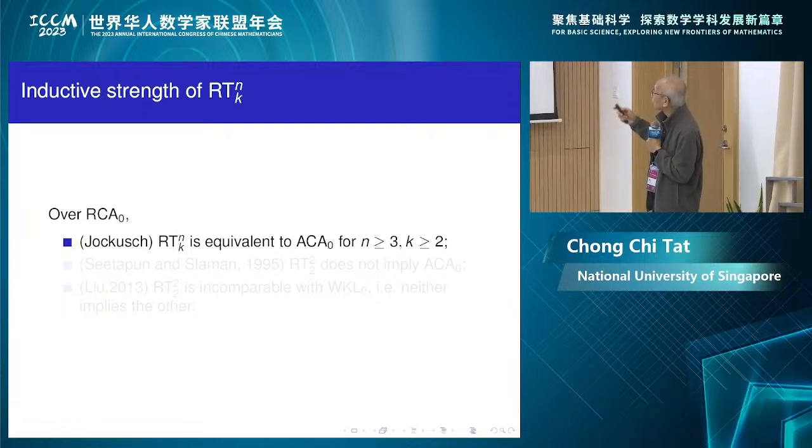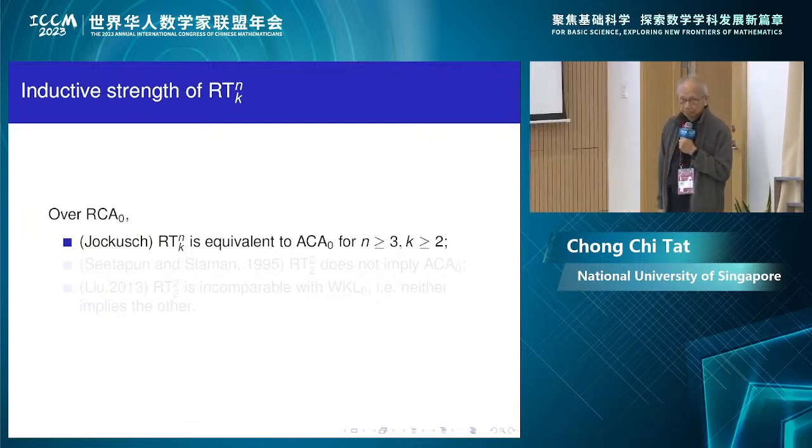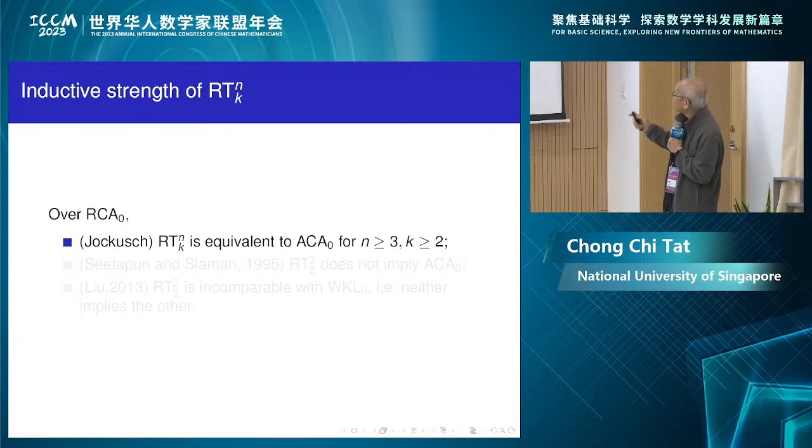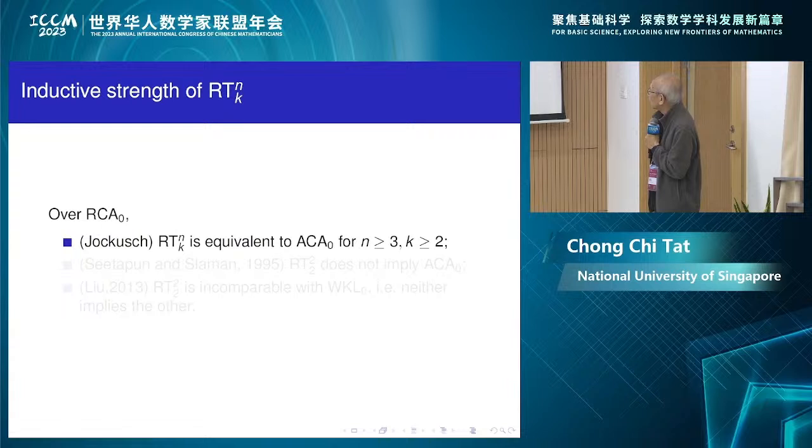But according to Jockusch, the existence of such a homogeneous solution, that question is equivalent to ACA 0.